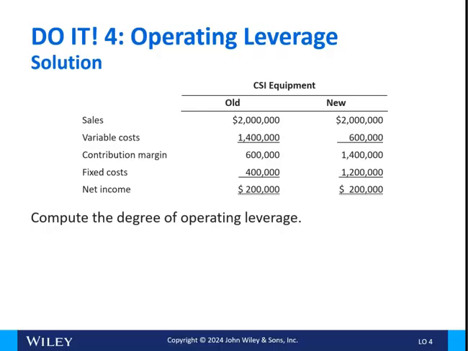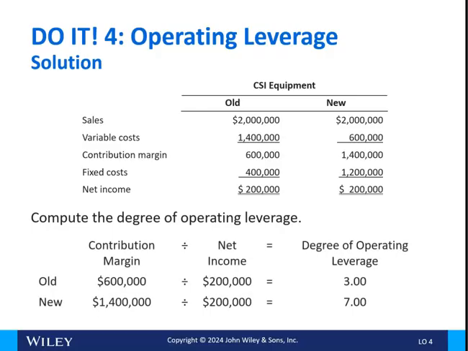So compute the degree of operating leverage. Again, contribution margin divided by net income is our operating leverage. Under the old, $600,000 of contribution margin divided by $200,000 of net income gives us a degree of operating leverage of 3. Under the new scenario, $1.4 million of contribution margin divided by net income of $200,000 gives us a degree of operating leverage of 7.